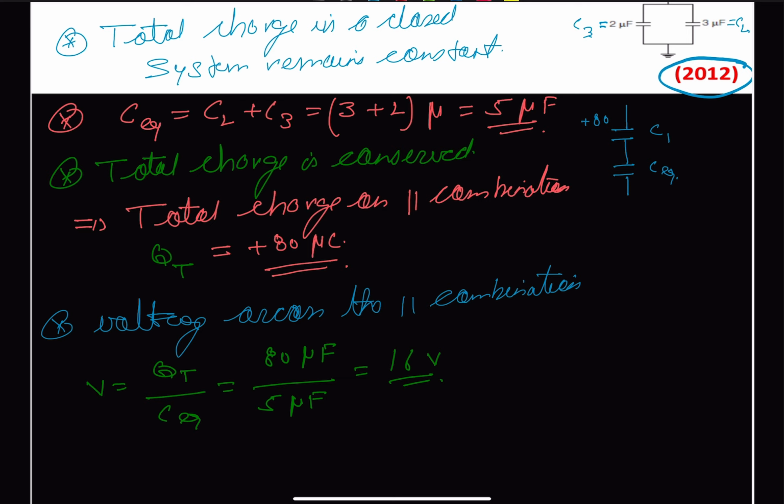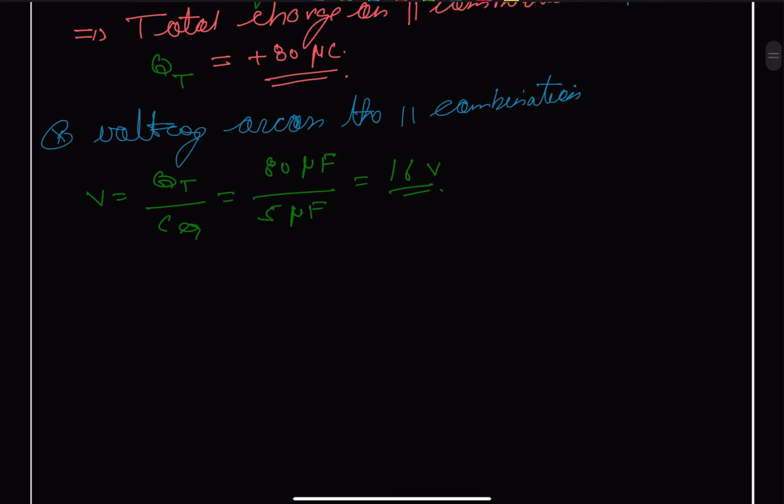So for the parallel combination of C3 and C2, the voltage across C3 will be 16 volt, and similarly the voltage across C2 will also be 16 volt because they are in parallel.